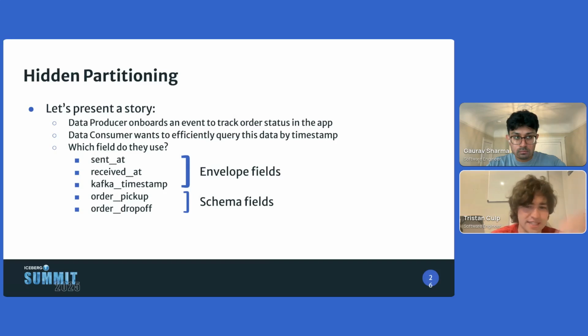So let's say for this example, we have the top 3 fields used in our sort of message envelope that is common to all events, and then an additional 2 timestamp fields that are attributed to the schema. So which field do they use?